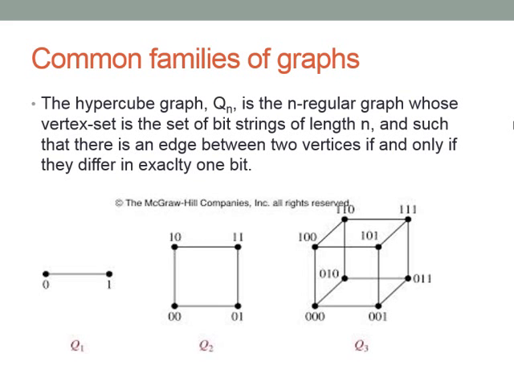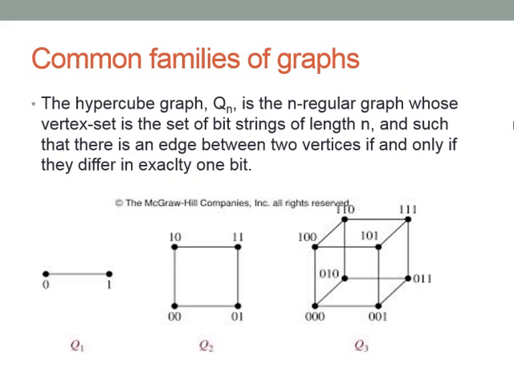If n is 2, there are 2 squared, or 4 vertices. If n is 3, it's 2 cubed, or 8 vertices. So if n is 4, how many vertices would the hypercube have? 2 to the 4, or 16 vertices. So we know how many vertices there are for each n.